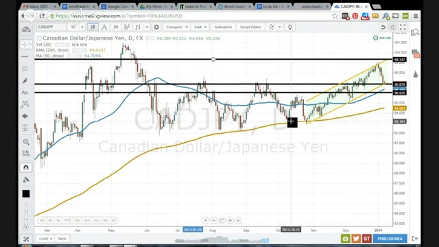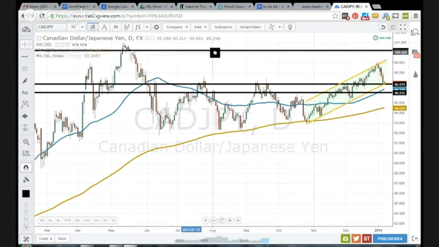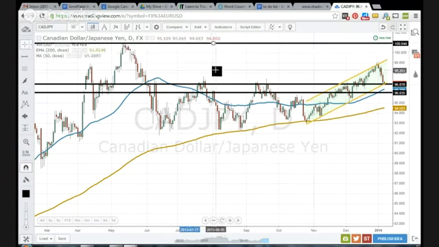It is 92.13. Okay, so I need to play around with the risk. I need to probably target this high here. Then I get the reward risk of at least 3-1.